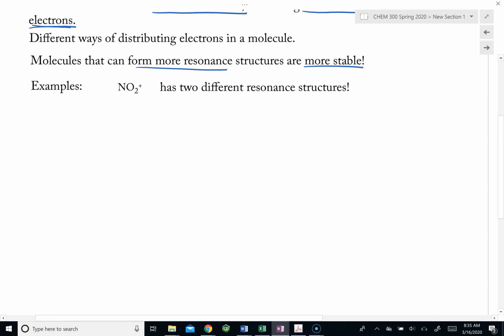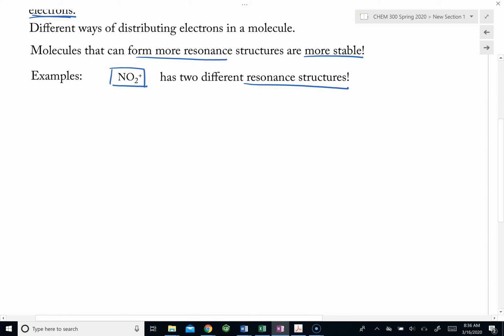So in this case right here, we have NO2 plus, and we've been told that it has two different resonance structures. So let's draw them. First of all, following the steps for how to draw a Lewis structure, we have to calculate the total number of valence electrons.